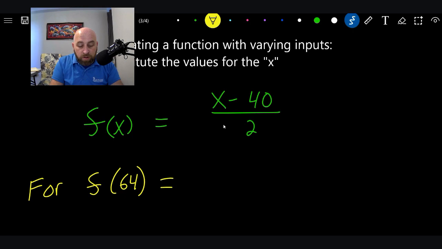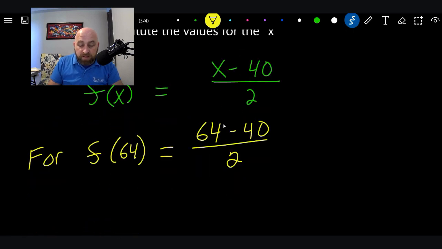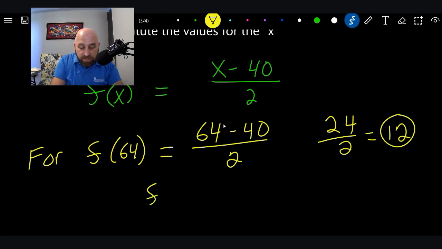So everywhere that you see an x, you're going to put 64. And then you just solve it. So what is 64 minus 40? That is 24 divided by 2, and that would equal 12. So in this case, the function of 64 equals 12.